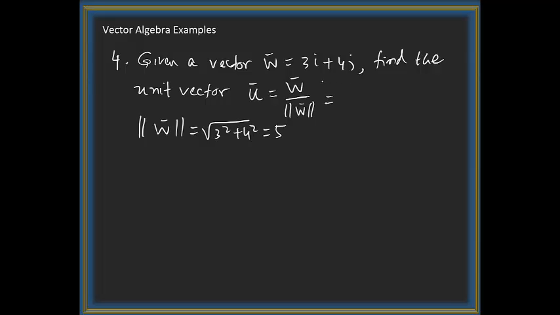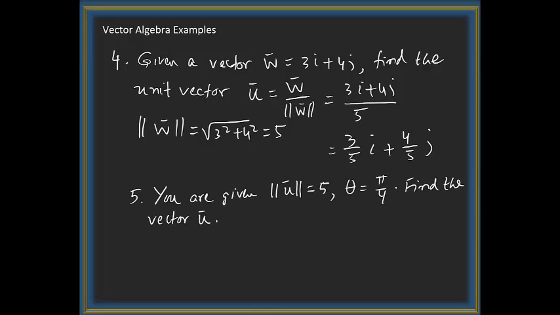So then you can put it back here. Your vector U is 3i plus 4j divided by 5. We can rewrite this as 3 over 5 i plus 4 over 5 j. And if you check the magnitude of U, it will be 1. That's why it is called a unit vector.